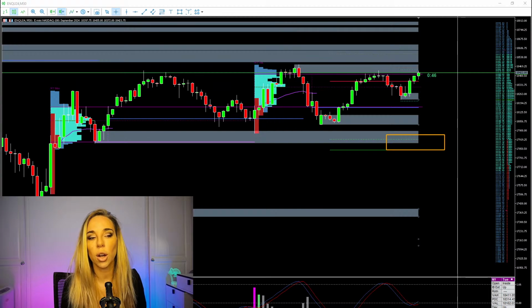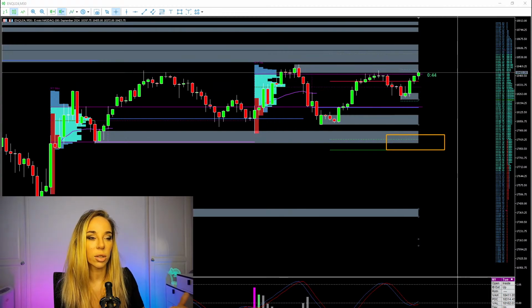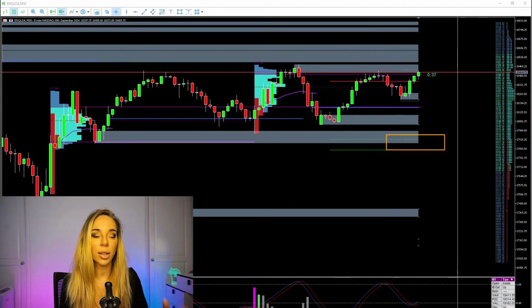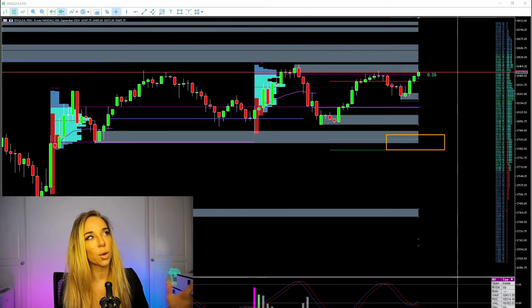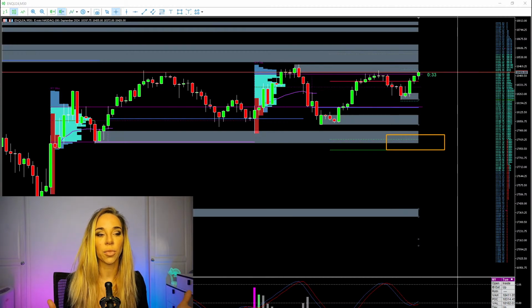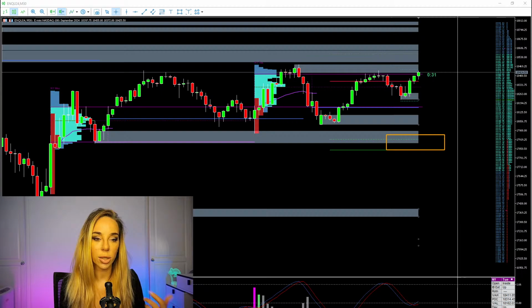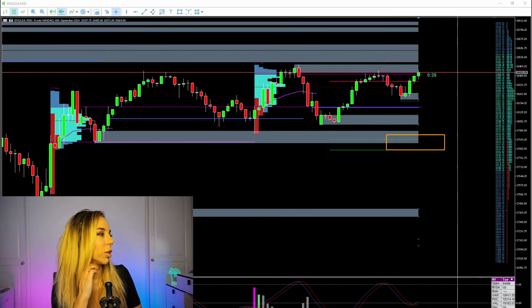But for the most part, I will look to fade that because those levels typically are a little bit further out. So by the time that we reach them, we already have an extended move. Anytime you have an extended move, sort of 7 times out of 10, you will get a fade from it.